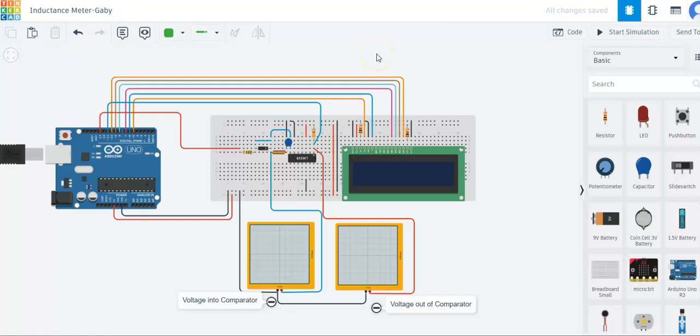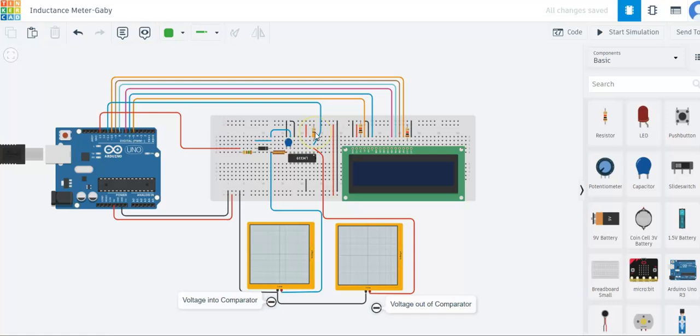Since Arduino can't read fast sine waves, the comparator chip turns the sine wave into a square wave. This is done by taking the high and low points of the sine wave. This way the Arduino can understand the values given to it.